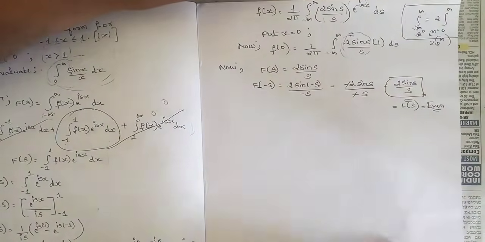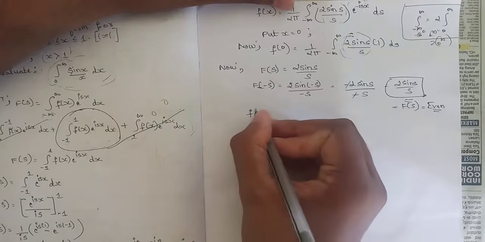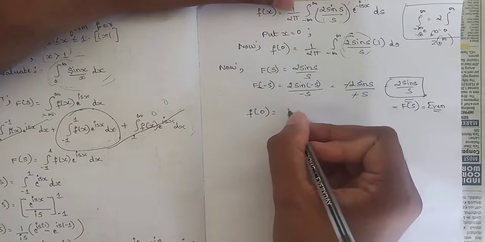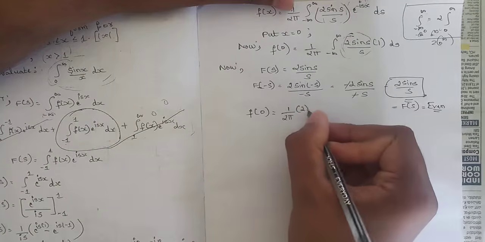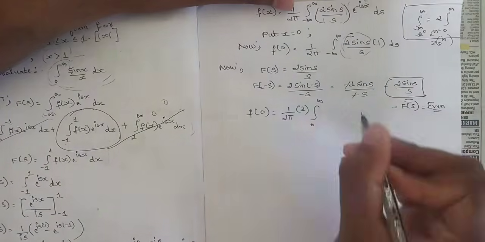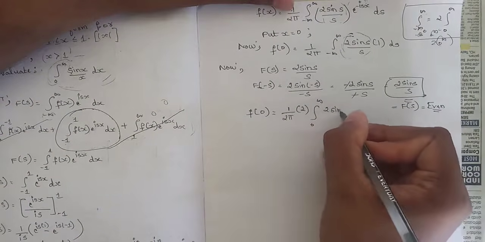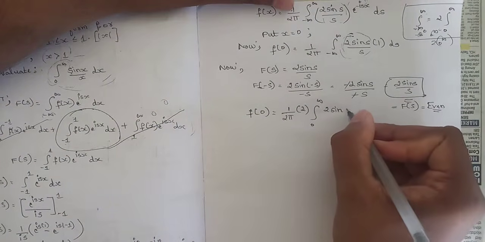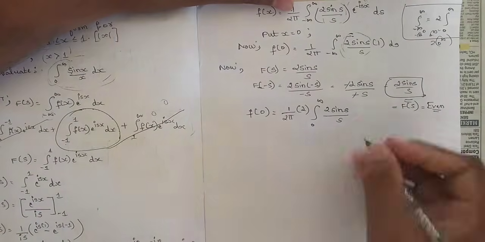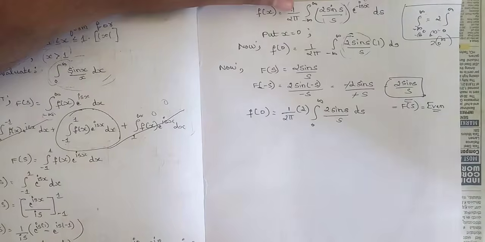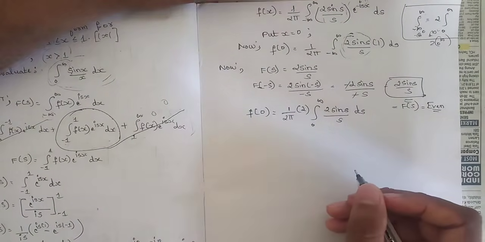Okay, so now this becomes f of 0 is equal to 1 by 2 pi into 2 times the integral from 0 to infinity, since it's an even function, of 2 sine s by s into ds. Now we need to find the value of f of 0, that is f of x.